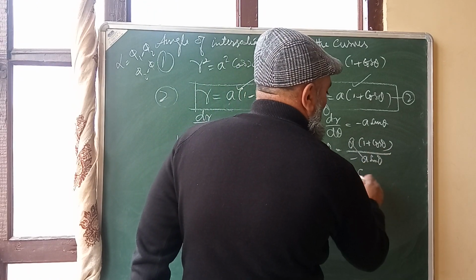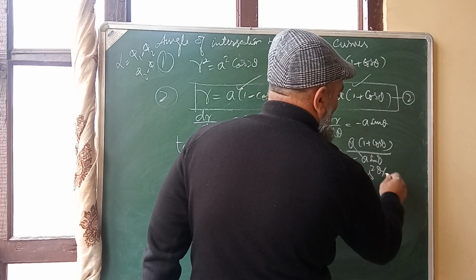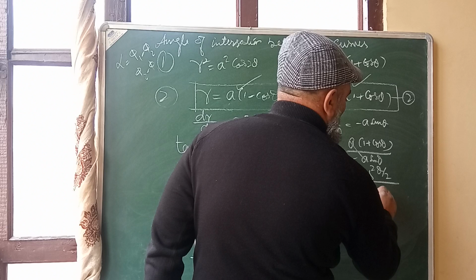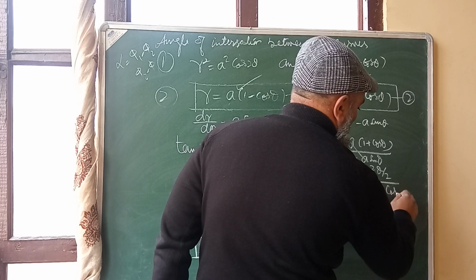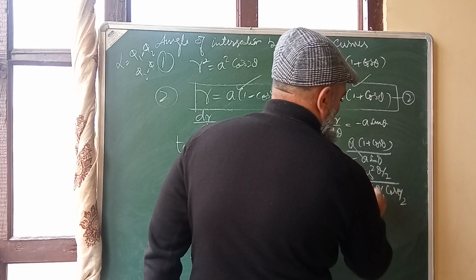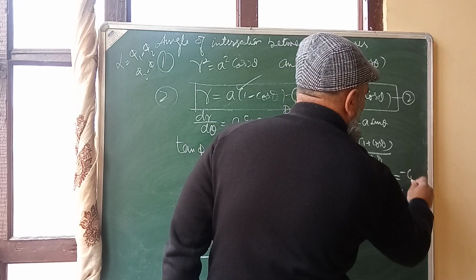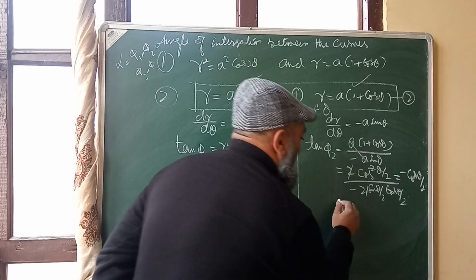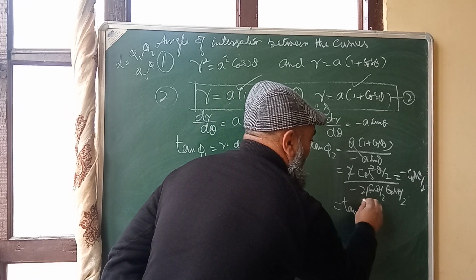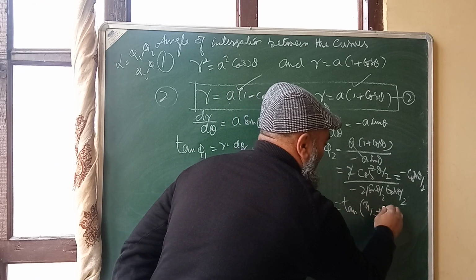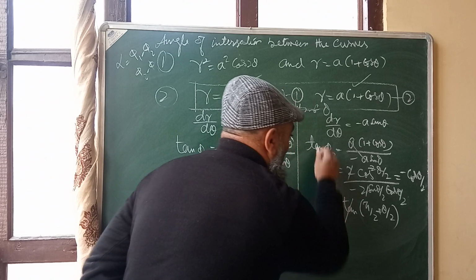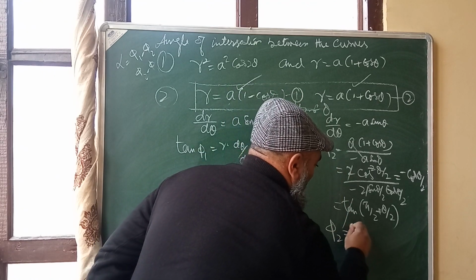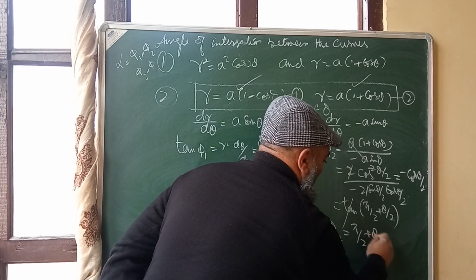Twice cos square theta by 2 over 2 sine theta by 2 cos theta by 2 is minus cot theta by 2. Minus cot in terms of tan is tangent of 90 plus theta by 2. So what is phi 2? 90 plus theta by 2.